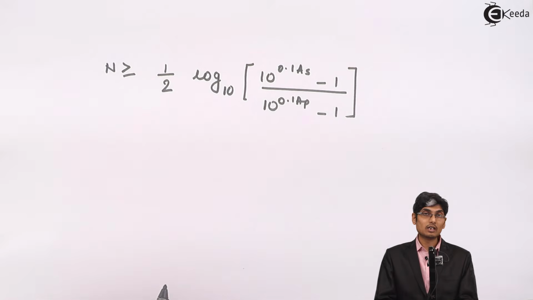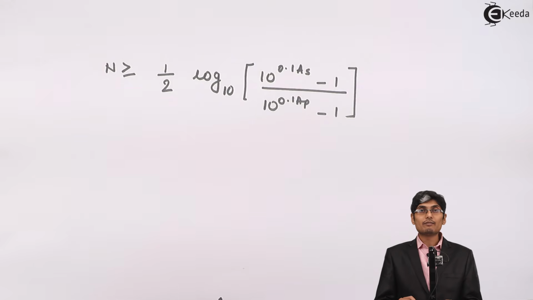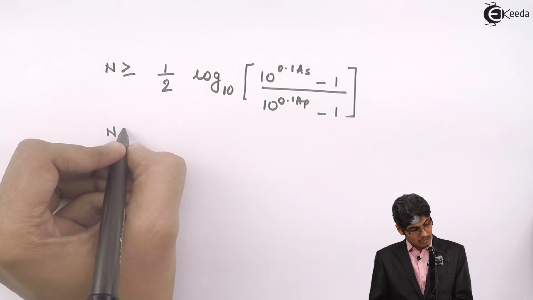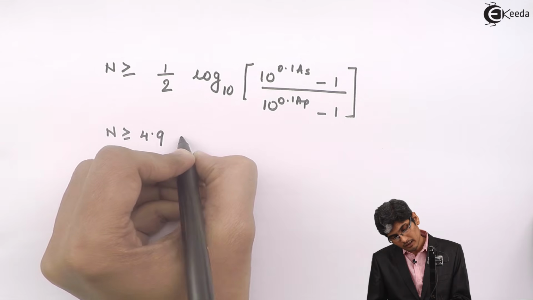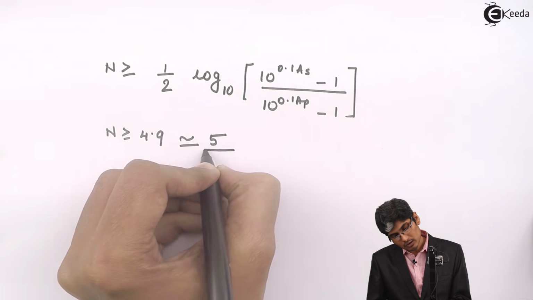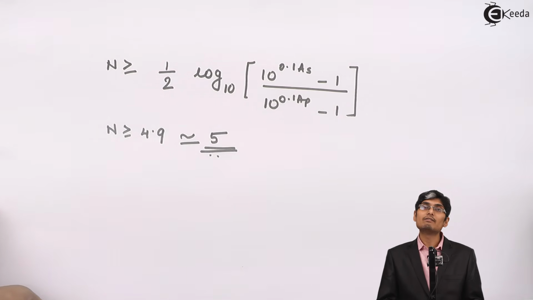If you substitute the values, n comes to somewhere around 4.9, which we approximate to 5. Therefore, the order of the filter is 5.